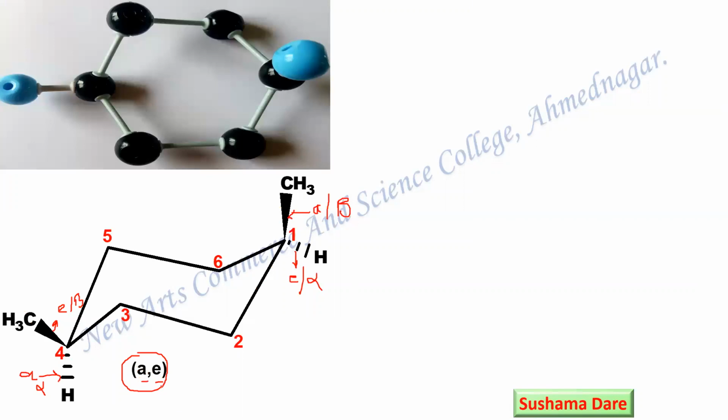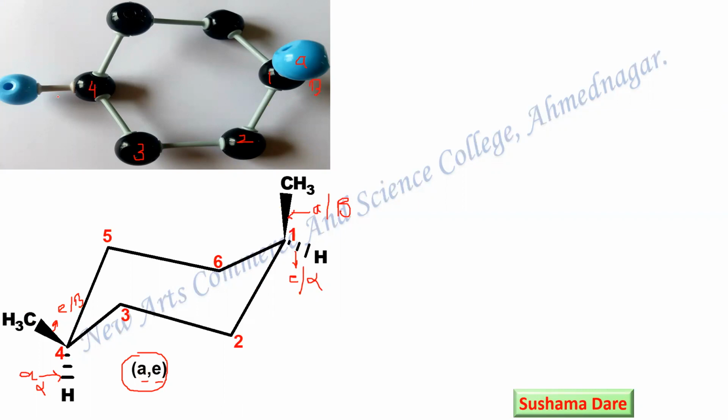Now, this is the ball and stick model of cis-1,4-dimethyl cyclohexane. This is number 1 carbon, where you have a methyl group which is axial. As it is going in the upper direction, it is beta also. This is number 1, this is number 2, this is number 3, and this one is number 4.